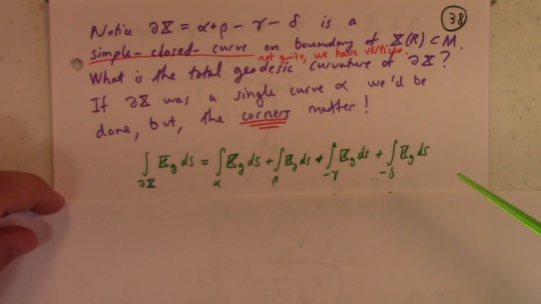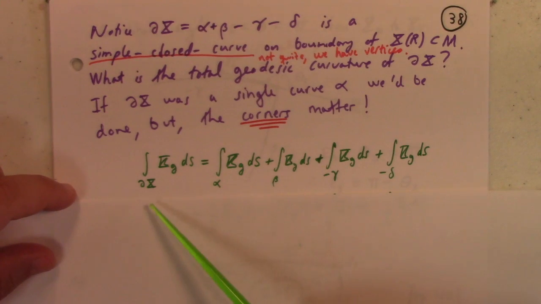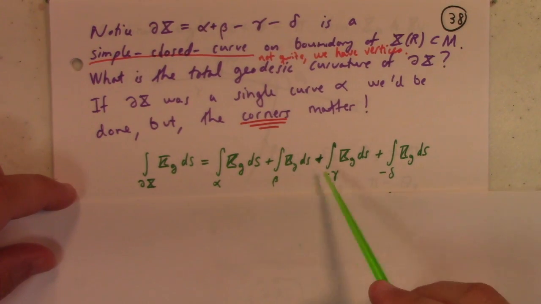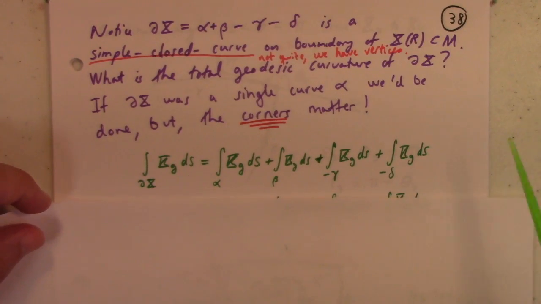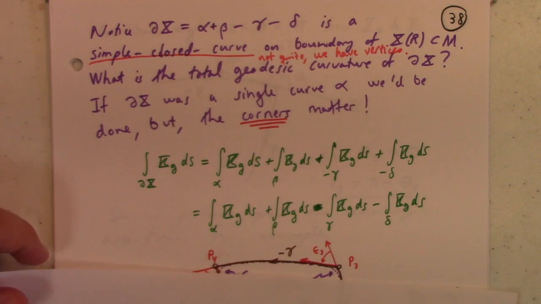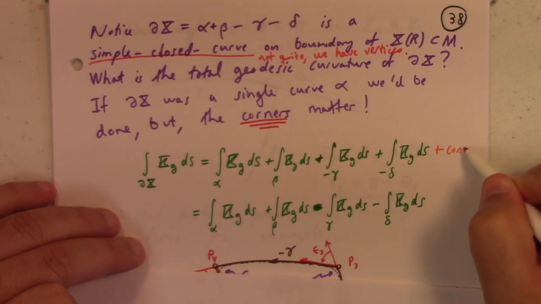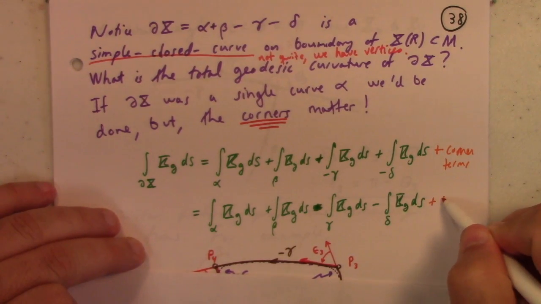That angle between E1 and the tangent to the curve. So what we're going to have is the integral around the boundary is equal to that plus that plus that. And I don't think that's quite accurate. Plus what? Corner terms, right? Plus corner terms.